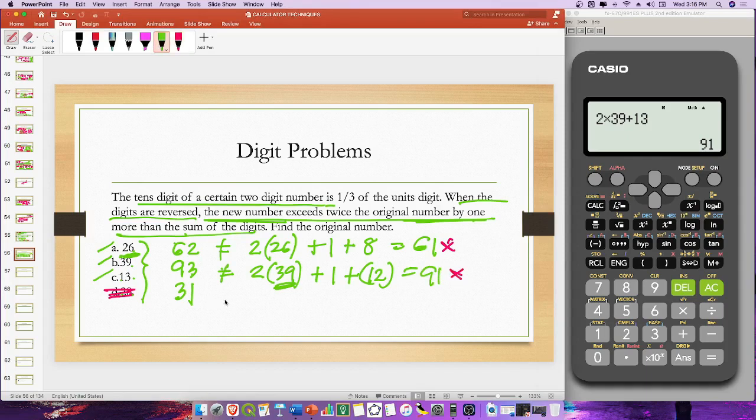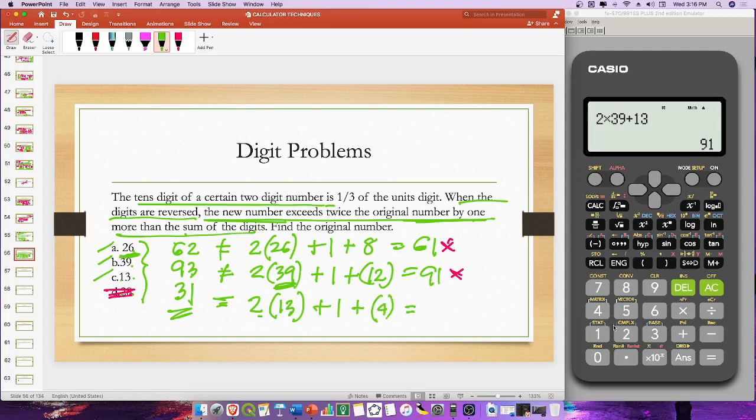Again, we will solve the last choice, which is 13. According to this, the new number exceeds twice the original number by 1 more than the sum of its digits. 1 and 3, the sum of the digits is 4.